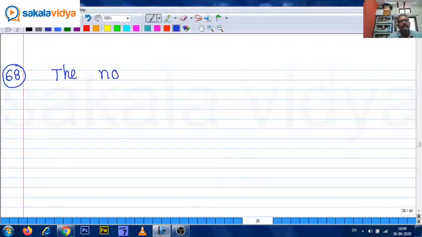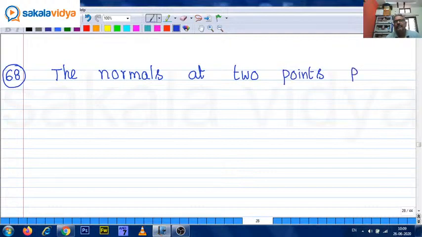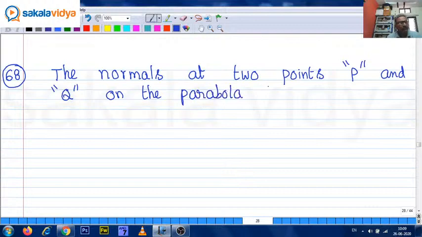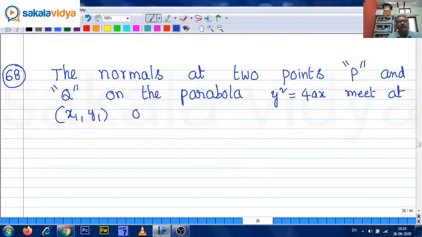The normals at 2 points P and Q on the parabola y square is equal to 4ax meet at x1 comma y1 on the parabola.